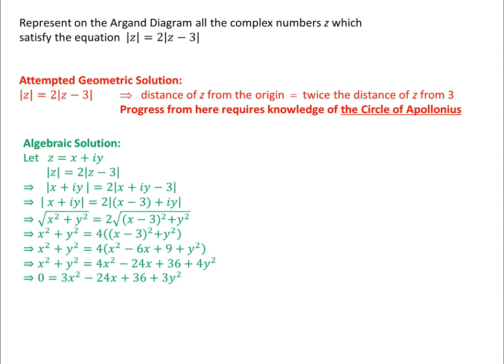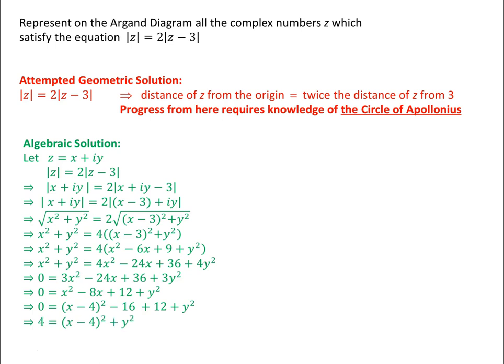Got a nice factor of 3 running through that, so we may as well divide through by 3 to give 0 equals x squared minus 8x plus 12 plus y squared. If we complete the square on the x squared minus 8x, we've got x minus 4 squared take away 16. So the line above can be rewritten as 0 equals x minus 4 squared take away 16 plus 12 plus y squared.